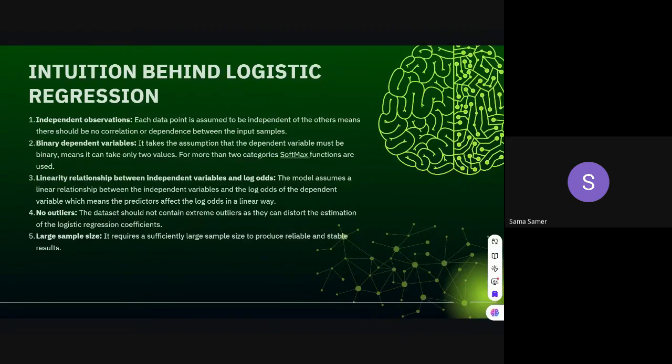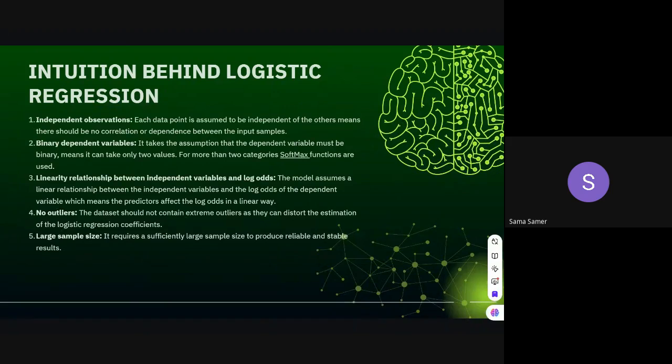Then we try to figure out the linear relation between the independent variables and the log odds of the binary dependent variable. The model assumes there is a linear relation between the independent variables and the dependent variable. Then, by prediction and so on, we will see how it is linear or non-linear.